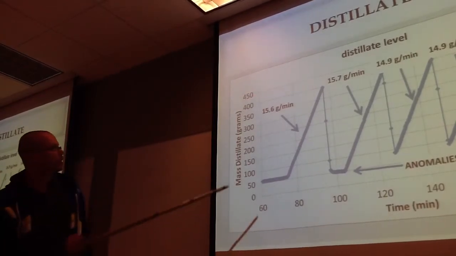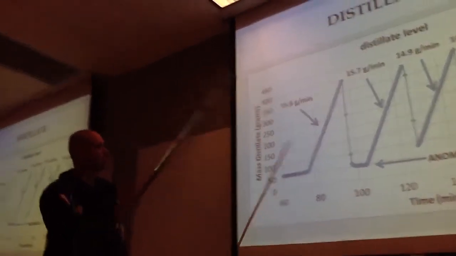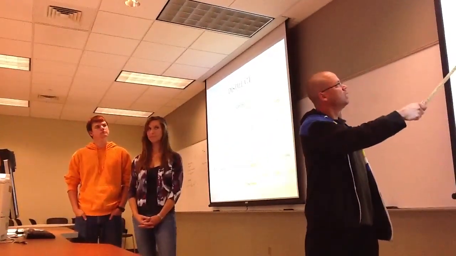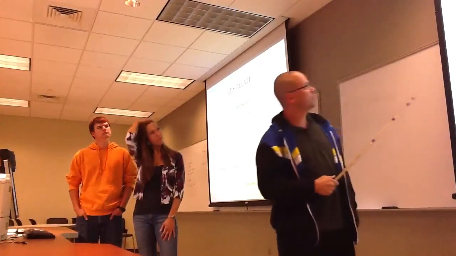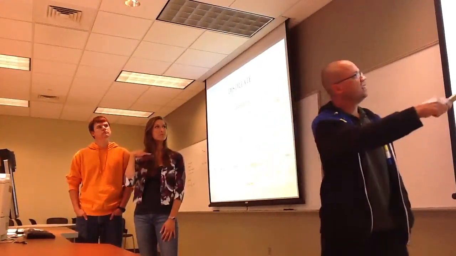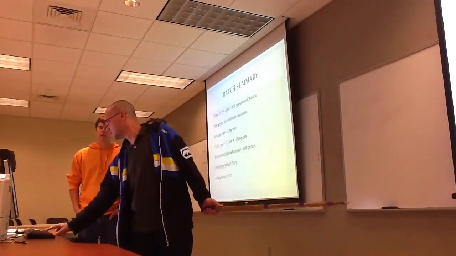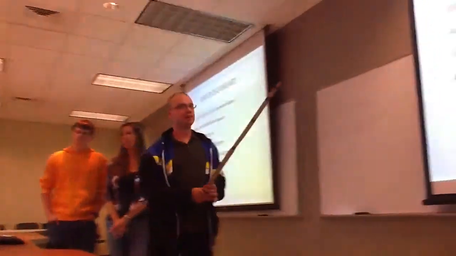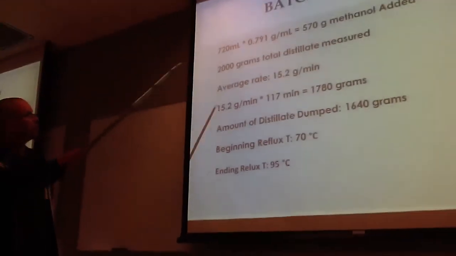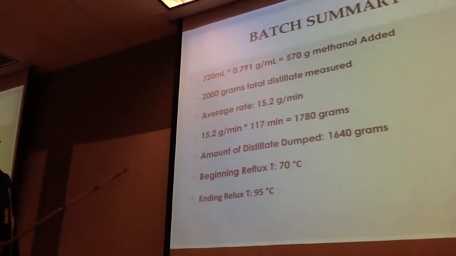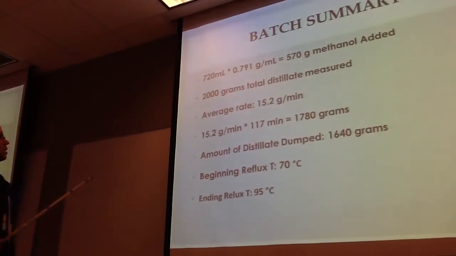So also, you can see that based on the slopes of these lines, plotting them as the grams versus time, we start with a little over 15.5 grams a minute, gradually slowing to about 14.5 grams a minute. So to summarize that distillation, I put in about 570 grams of methanol and dumped about 2,000 grams in about 190 minutes.